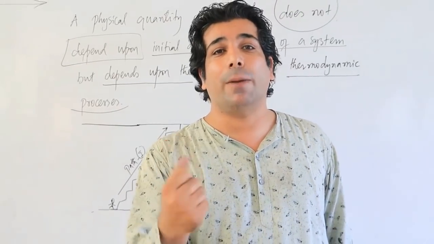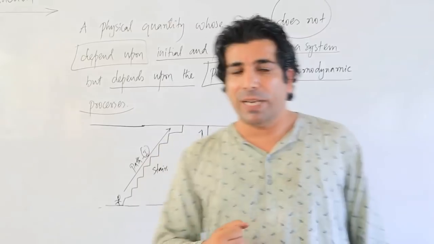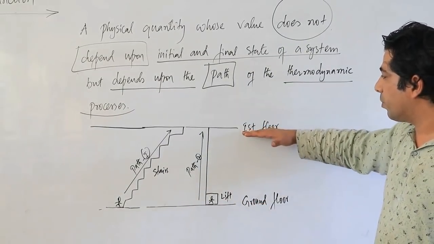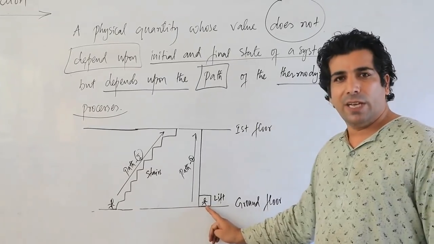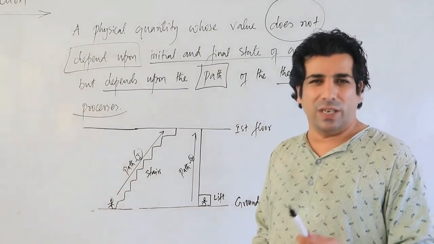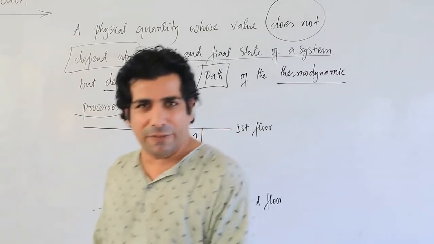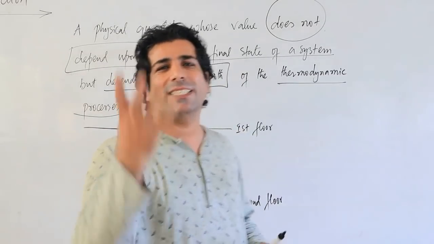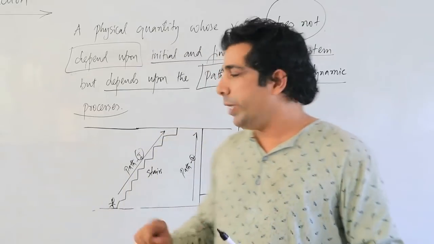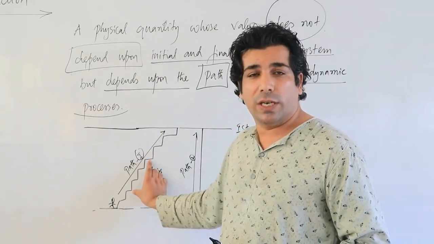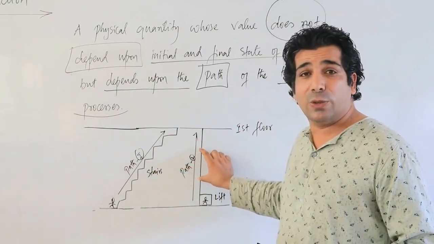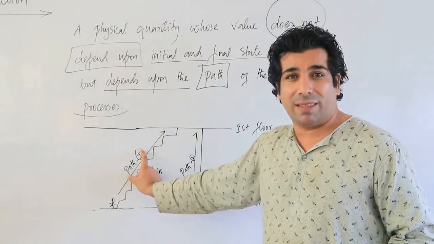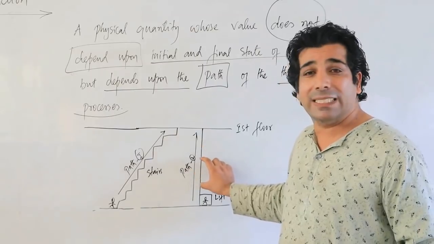But in both cases, I am moving from the ground floor to the first floor. In the lift, my legs are doing a little bit of work while going into the lift and then while coming out of the lift. So I am doing just a little work, correct? Here my legs are doing more work and here very little, because here I am covering more path and here less path.